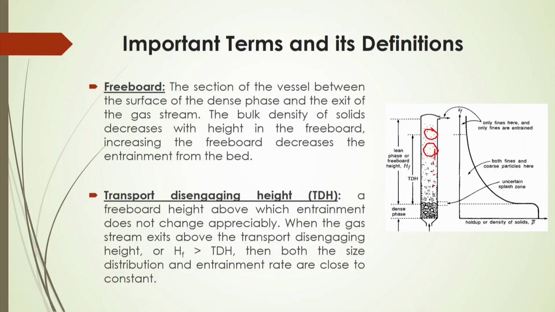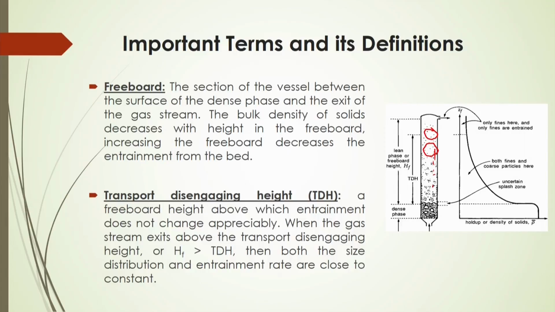When the gas stream exits above the transport disengagement height, that means HF is greater than TDH, both the size distribution and entrainment rate are close to constant. So the transport disengagement height is a freeboard height above which entrainment does not change appreciably.